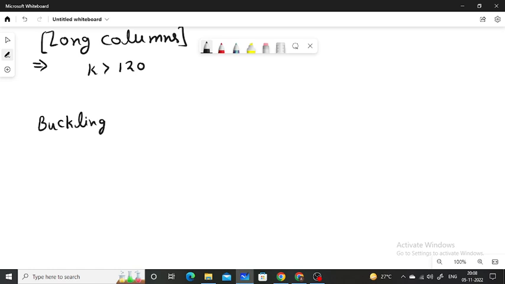So the maximum limiting load at which the column tends to have lateral displacement. कंप्रेसिव लोड अप्लाई करने से अगर कॉलम लेटरली डिस्प्लेस्ड हो जाता है तो इसे कहते हैं बकलिंग और क्रिपलिंग.